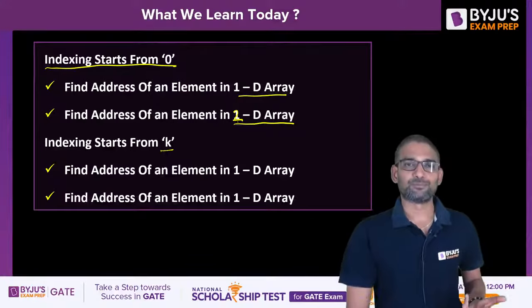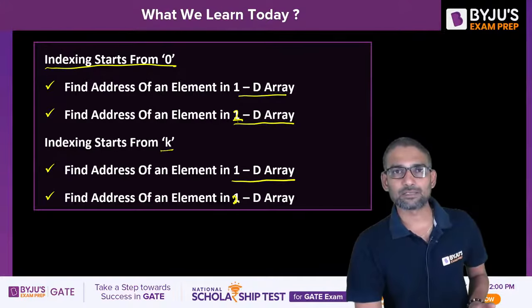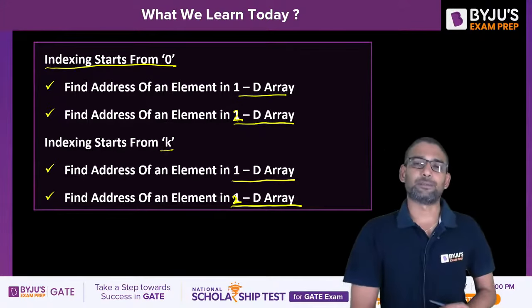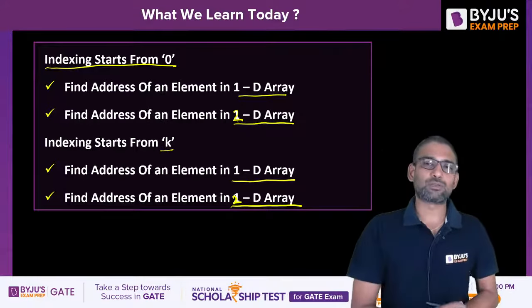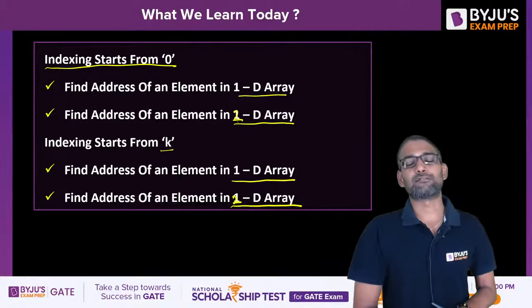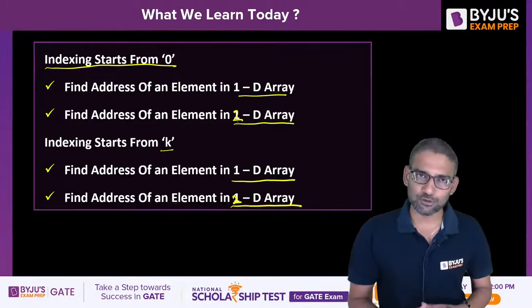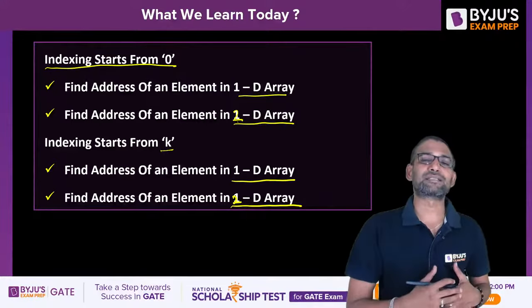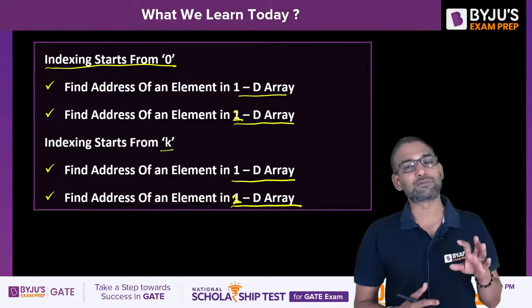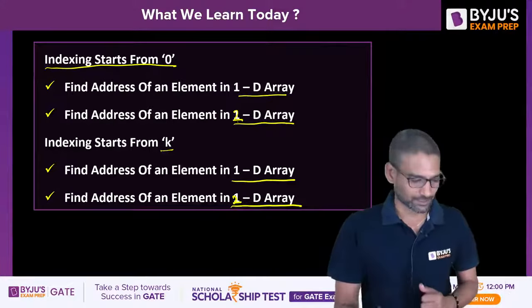If so, how do you find the address of an element in the 1D array as well as in the 2D array? This is what we are going to learn today, and I believe after today's class everybody will feel comfortable in finding the address of an element, whether the index starts from 0 or any other specified index, for both 1D and 2D arrays.